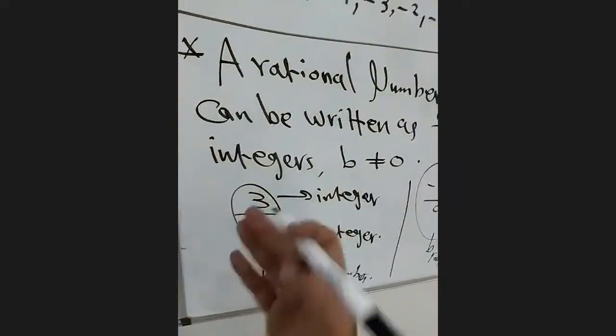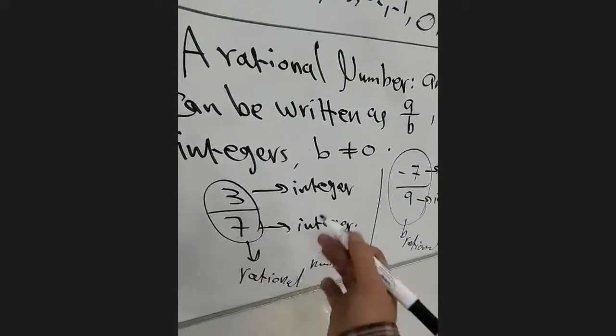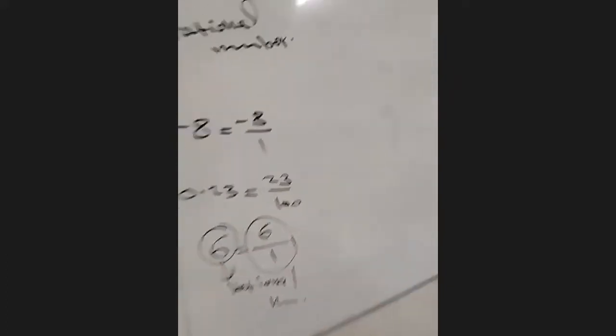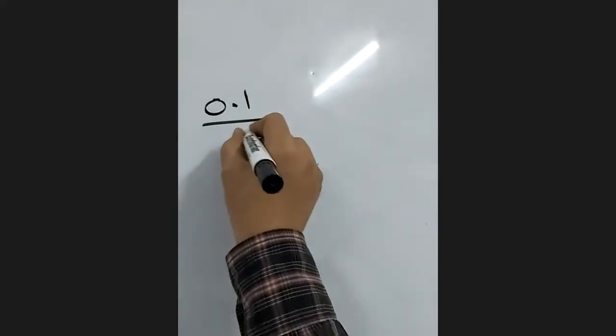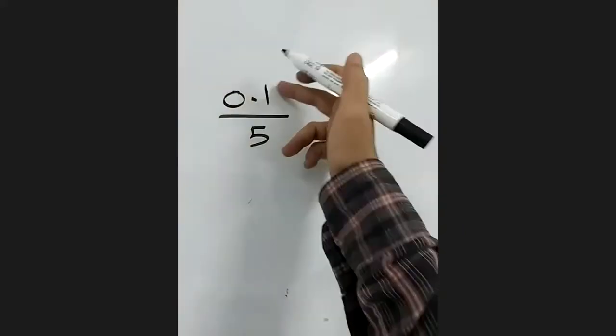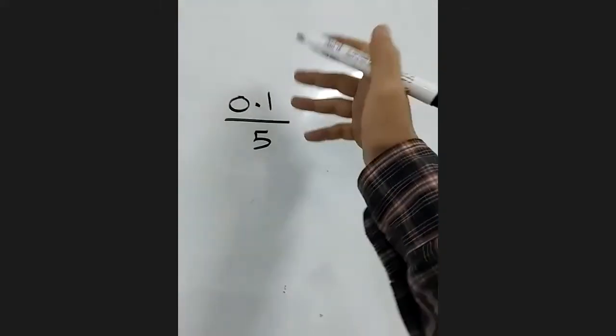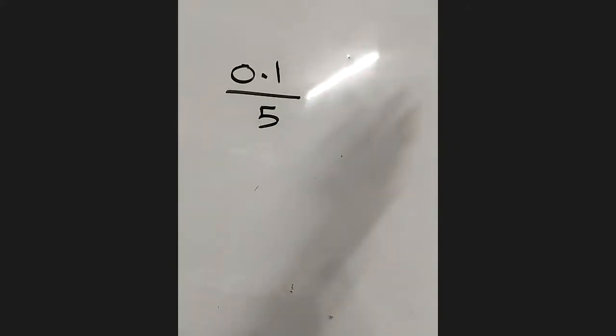And a fraction is already written as A over B. 3 over 7, for example. Look here, guys. 0.1 over 5. Now, the 0.1 is not an integer unless you turn it to 1 over 10, then you make division of fractions.